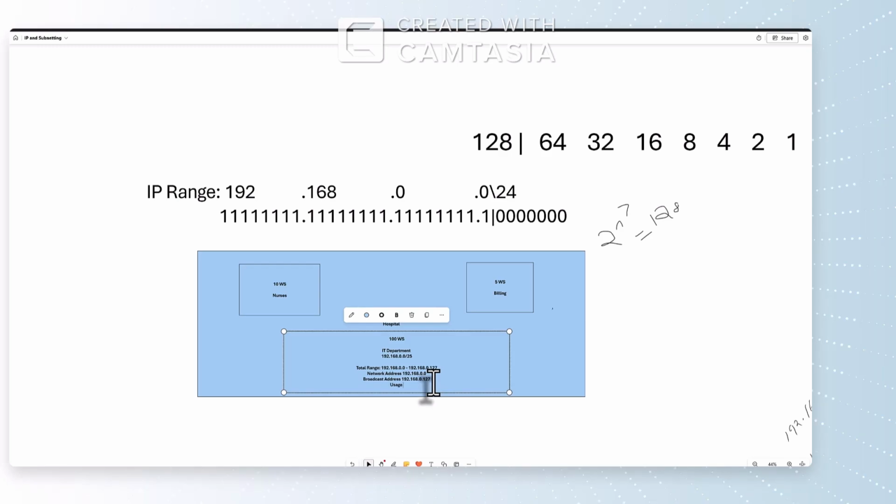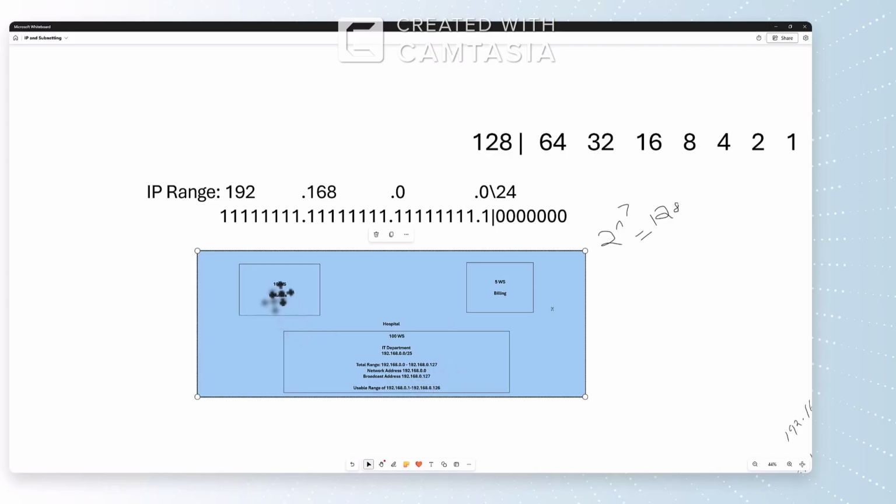And that gives us a usable range of 192.168.0.1 to 192.168.0.126.